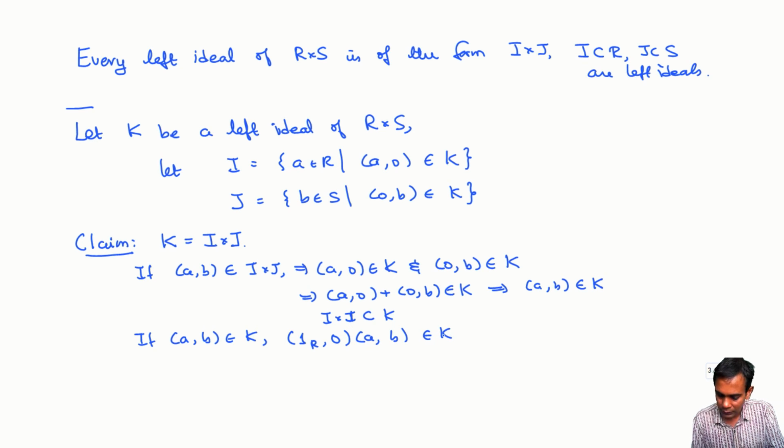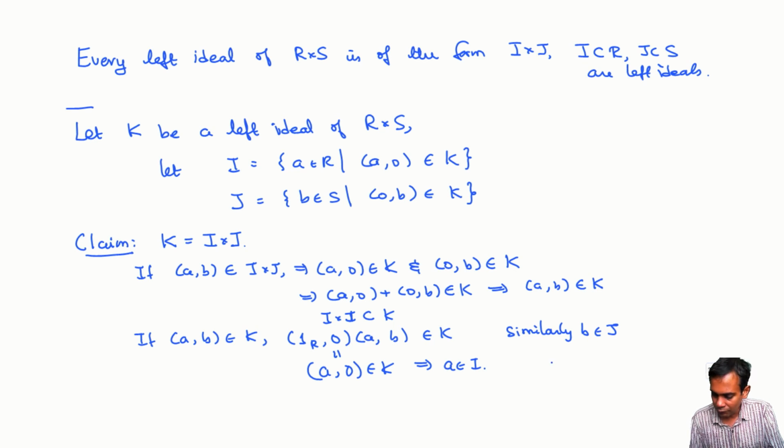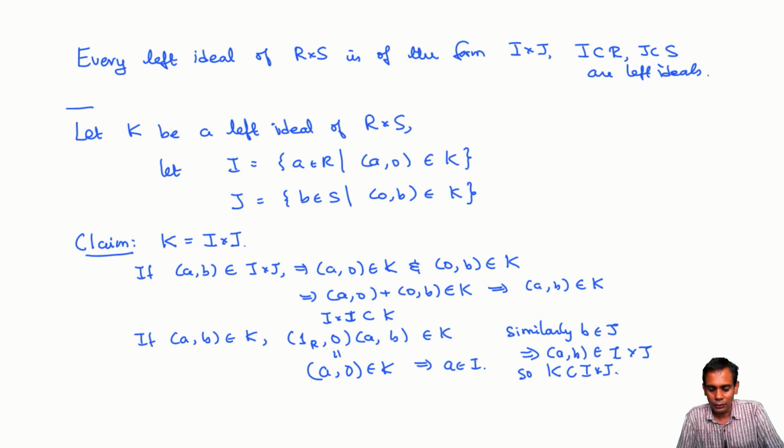This is also in K, because K is a left ideal, but this is equal to (a, 0), and this is in K, which implies that a is in I. Similarly, you can show that b is in J, which implies that (a, b) is in I cross J, and hence we have that K is contained in I cross J. So K is equal to I cross J. So what we have seen is that if you take a product of two rings, then all the left ideals of that product are products of left ideals of the two rings themselves. The same holds for right ideals or for two-sided ideals.